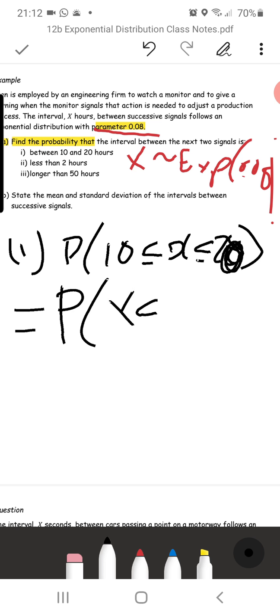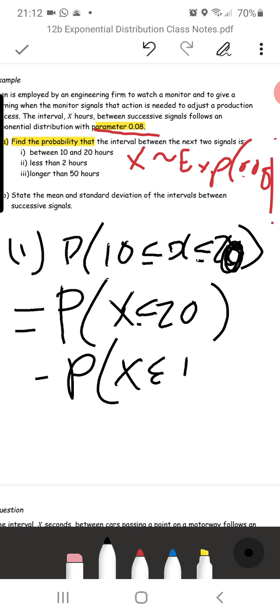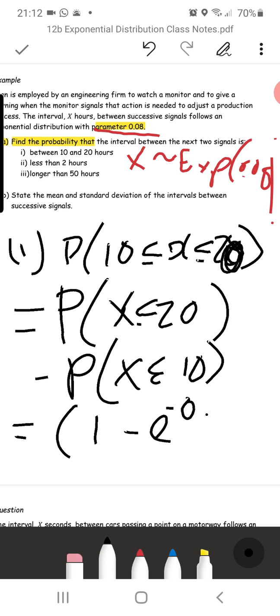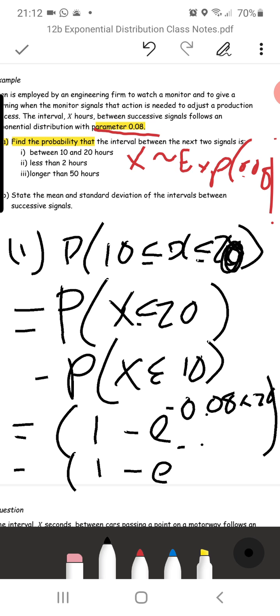So I'm going to use that formula, that 1 minus e to the minus lambda x. Lambda was 0.08. For the first one, it's 20. And for the second one, it's 10.